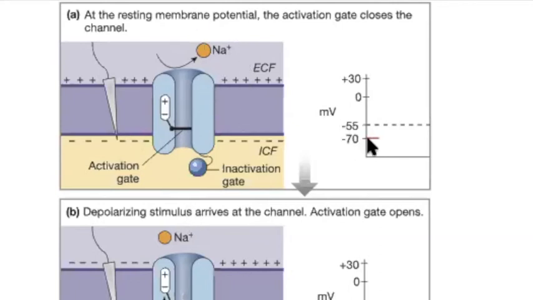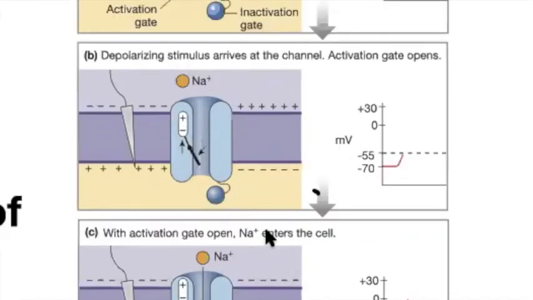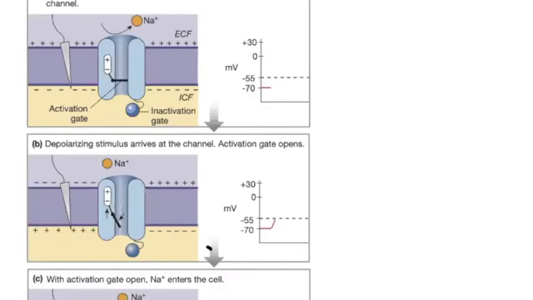So at -70 over here, your voltage gated sodium channels are closed. Sodium does not get in the cell, right? We want to keep sodium out. At a certain depolarizing stimulus, if it's enough, which is about -55, again, your book doesn't specify these, but sometimes it helps to know the numbers. -70, and all of a sudden you've got to -55.